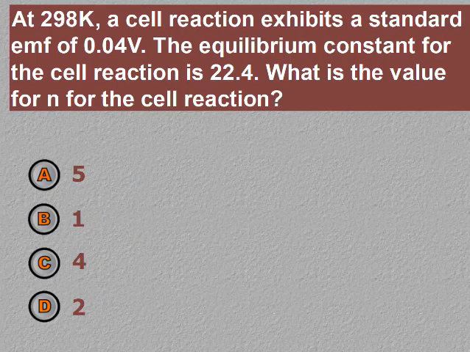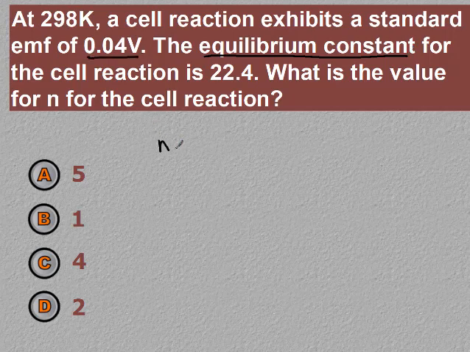On this one, we are calculating the number of electrons that were transferred. So go ahead and pause the video and calculate the number of electrons. Round to the nearest whole number. They gave you the equilibrium constant, and they gave you the E cell.